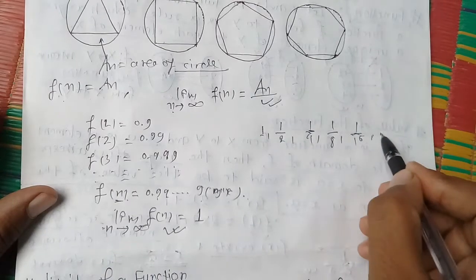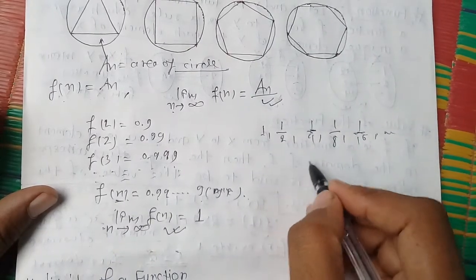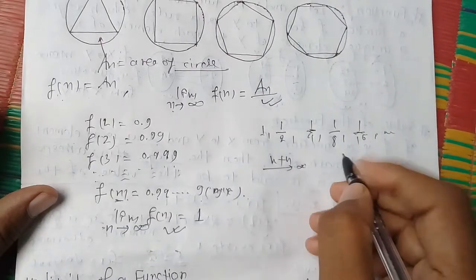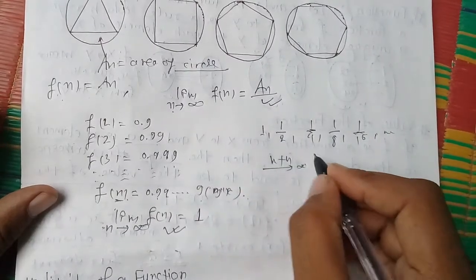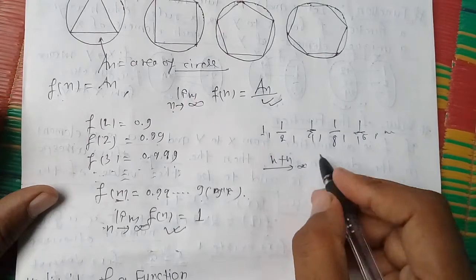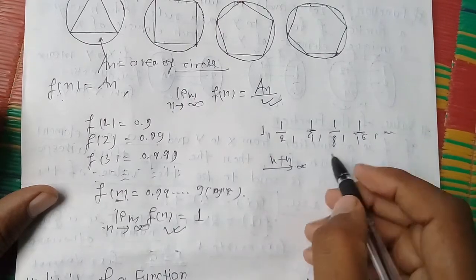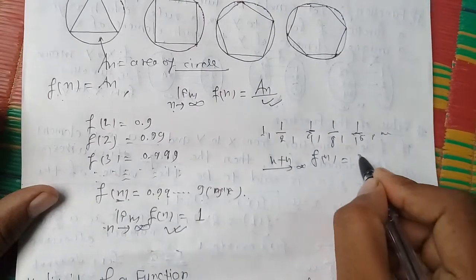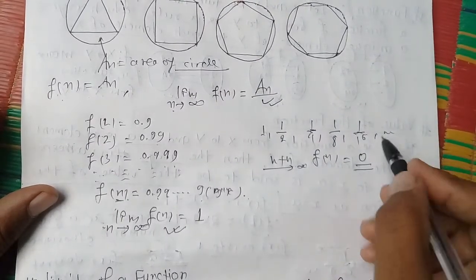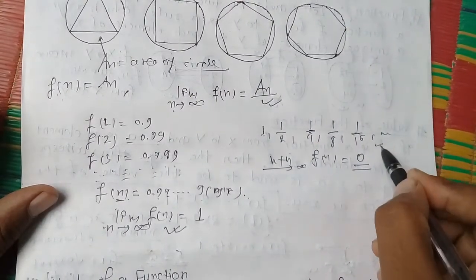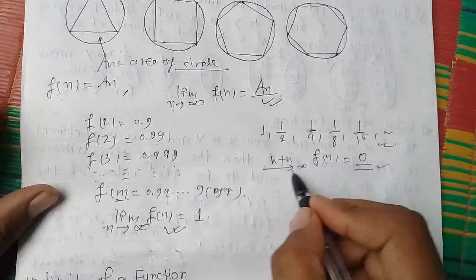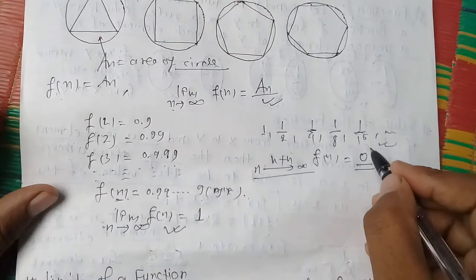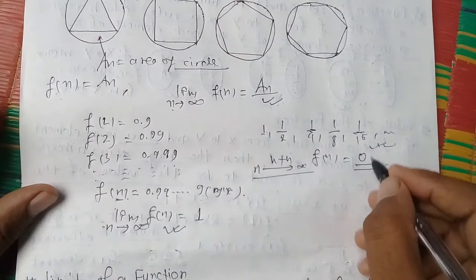So what will be the nth term? If n tends to infinity, then this function will tend to 0. Sorry, 0. It goes to 0. If we increase this number, the nth term, if n tends to infinity, then the value of the nth term will be 0.